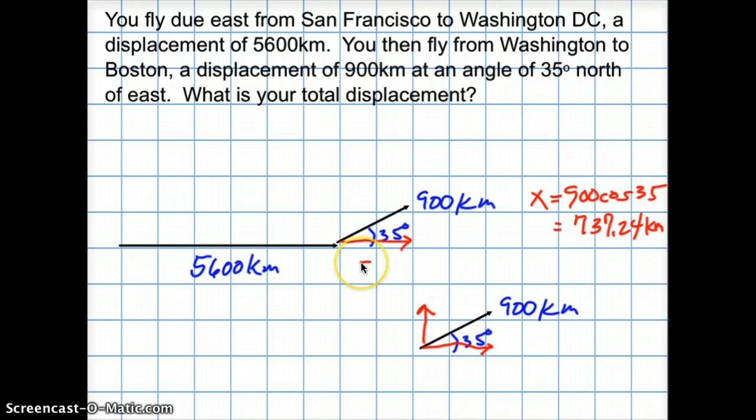So I'm going to put 737.24. And then I'm going to find my y vector.